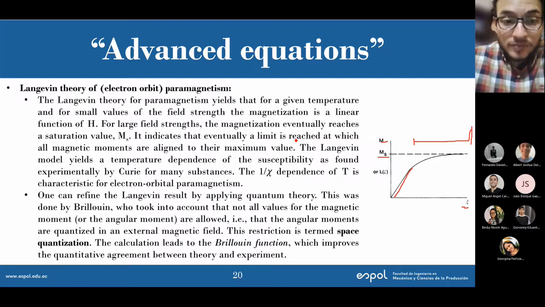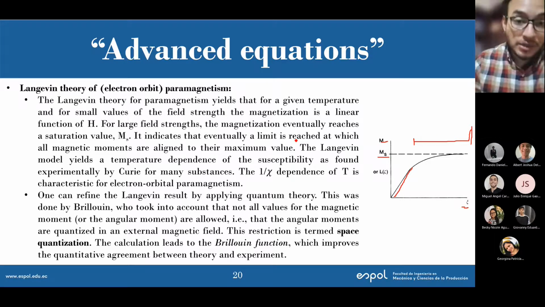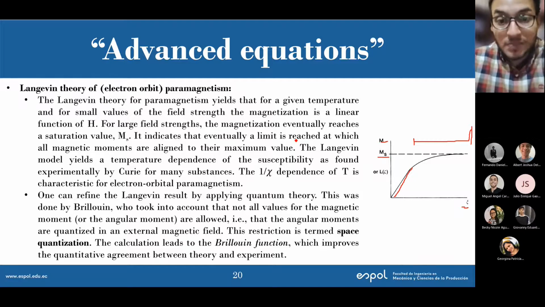What does that mean? It's basically saying that a limit is reached, and at that limit all magnetic moments are aligned to their maximum value. That is the meaning of reaching the saturation magnetization.